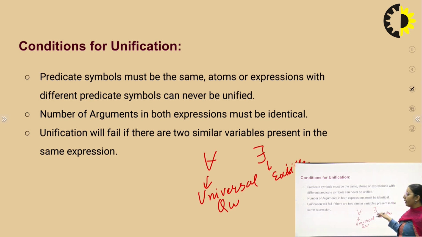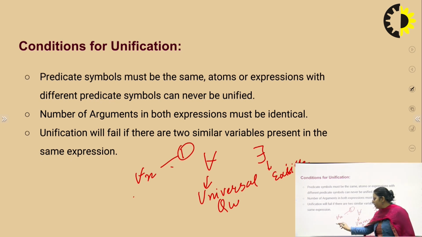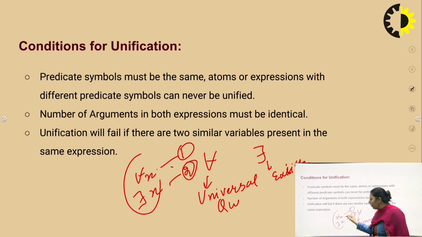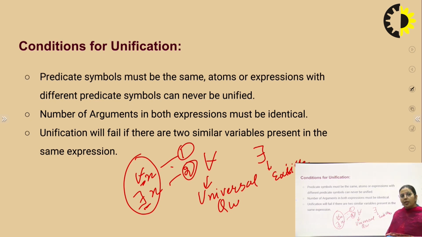If these two quantifiers are present in the expressions, then both expressions must contain the same quantifier or predicate symbol. For example, if one expression has for all x and the other has the existential quantifier, these two expressions cannot be unified, because they have different predicate symbols, or different quantifiers.